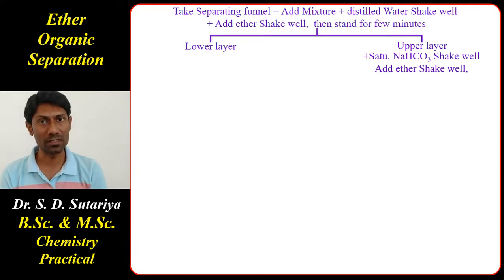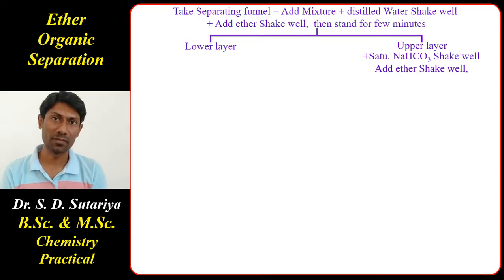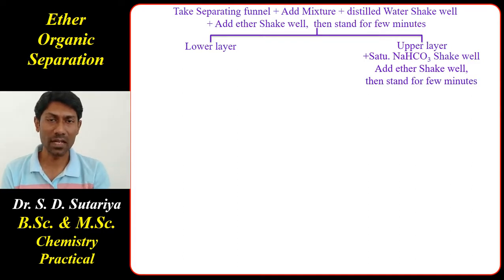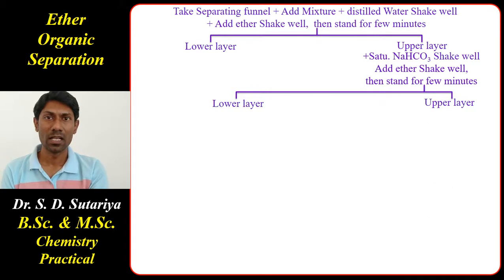Then add the ether solution and repeat the same process a few times, for a few minutes. After standing for a few minutes, we can observe the lower layer and upper layer in the separating funnel.